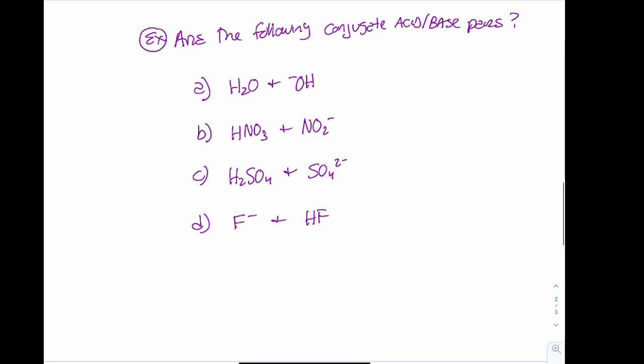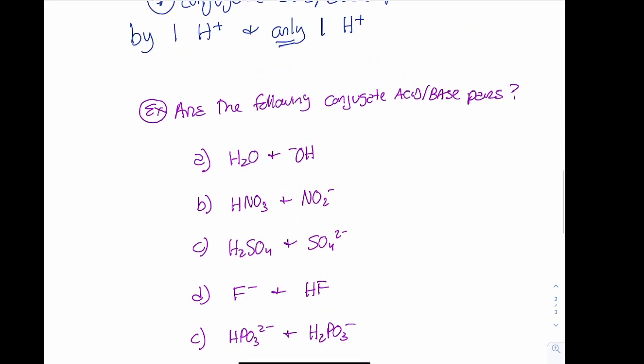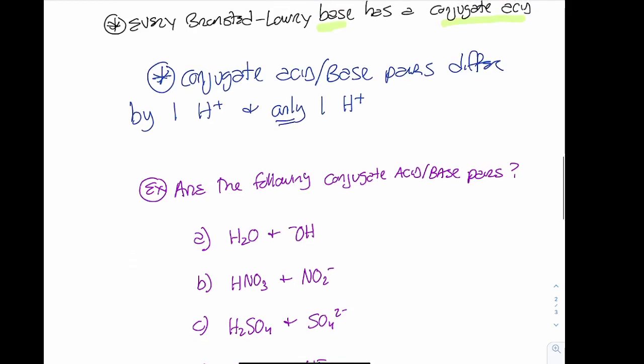Let's do one more. HPO3 2 minus and H2PO3 minus. So when we ask this question, are the following conjugate acid-base pairs, what we're really asking is, do they differ by one proton and only one proton? That's really the question we're asking ourselves.